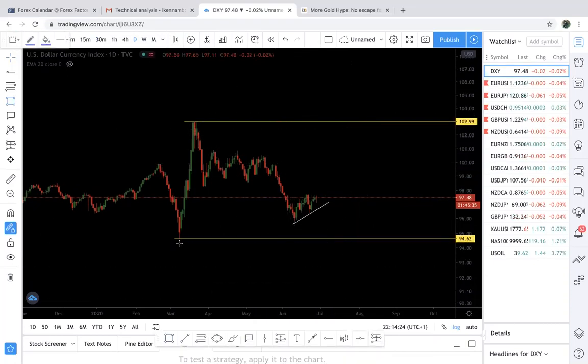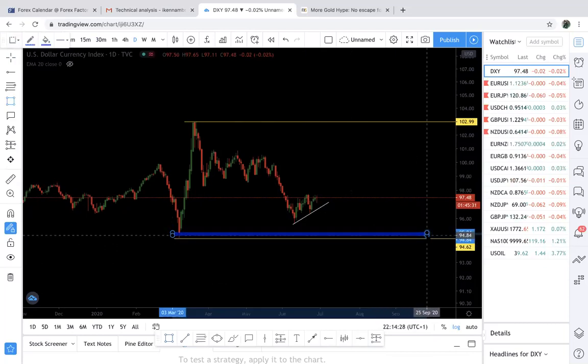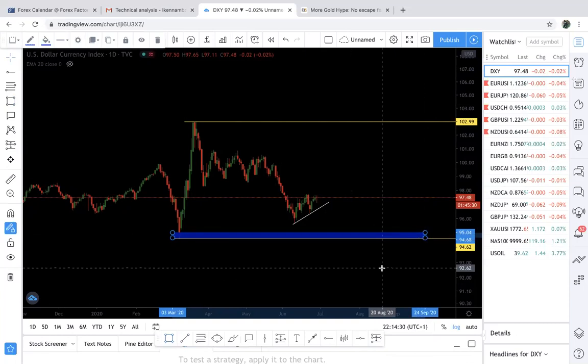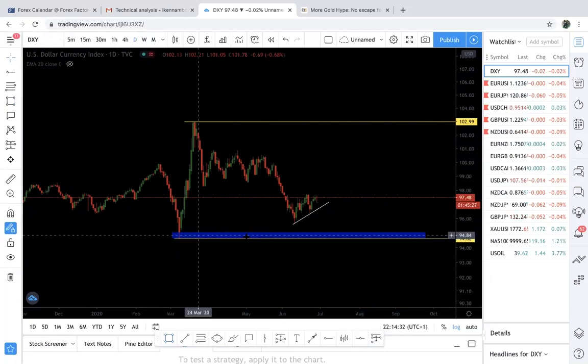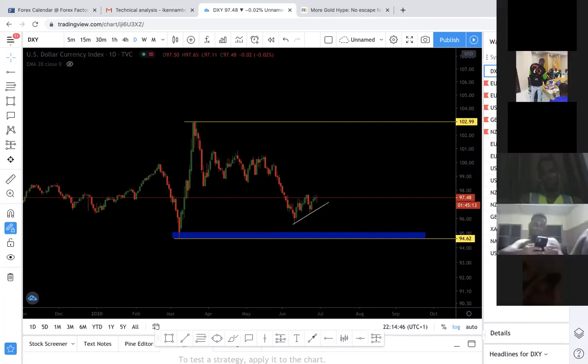And just have in mind, because some people misunderstand this a lot, it's actually a zone from the body of the candle to the wick. I'm just using that line. Trust me, these are areas of interest, areas where we're going to be looking for a trade setup, if you understand.